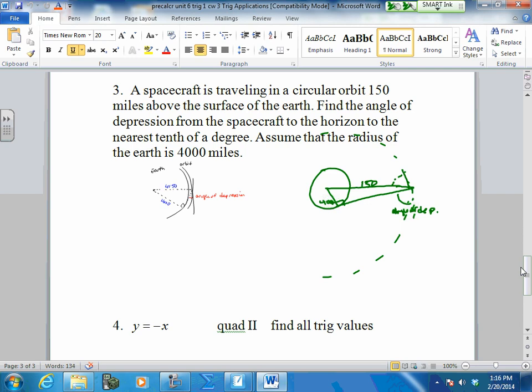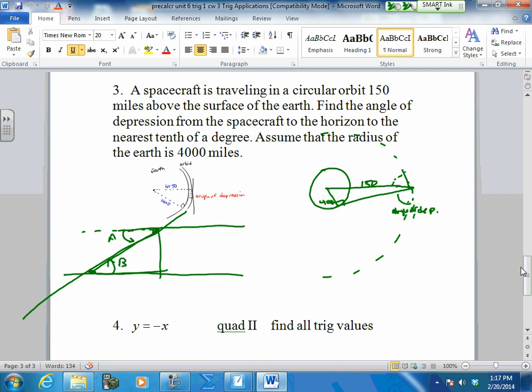Now, let me explain the angle of depression. If you're looking up at something like this, this is your angle of elevation. Your angle of depression is when you're sitting up here and you're looking down. Your eyes go from the horizon down. So if I extend this line and this line, what do I know about angle A and angle B?